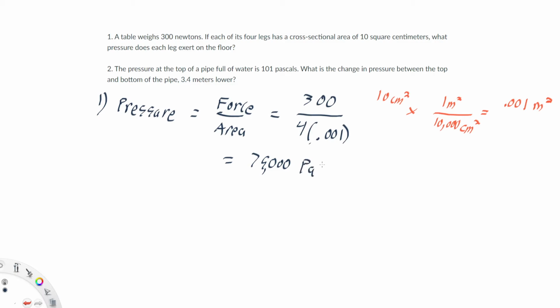Is that a lot? Is 75,000 pascals a lot? So how many pascals is 1 atmosphere of pressure? 101,000 pascals is 1 atmosphere of pressure.